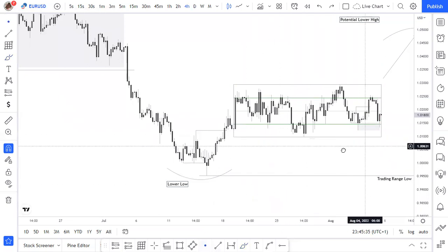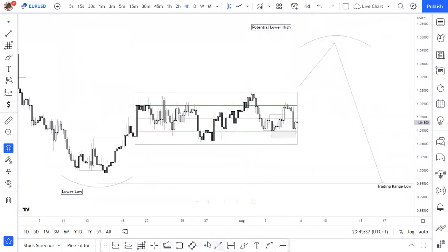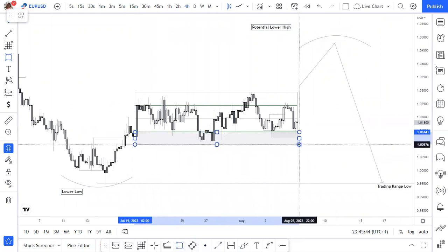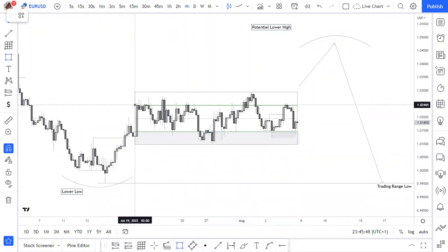So you either wait for that breakout or you trade from the lower 30% or maybe 25% of the range, like this is the lower 25% and then the higher 25%.